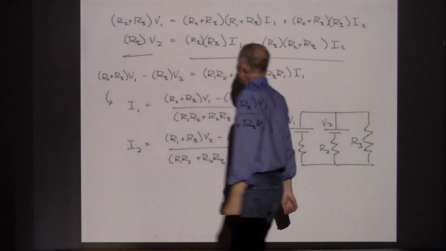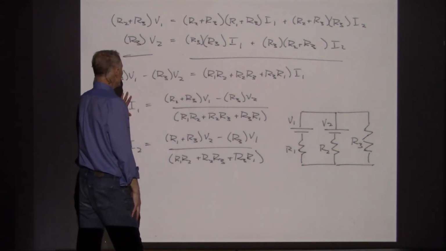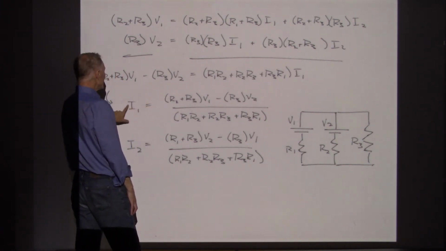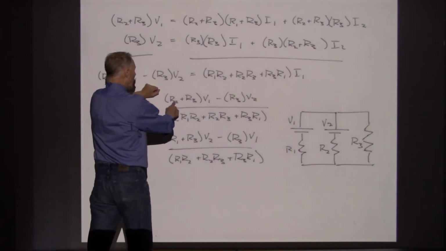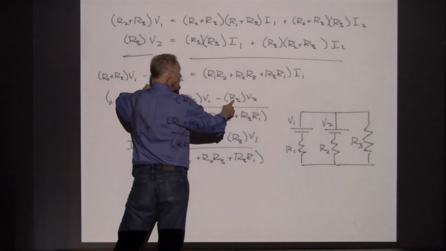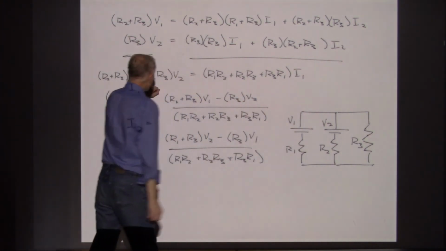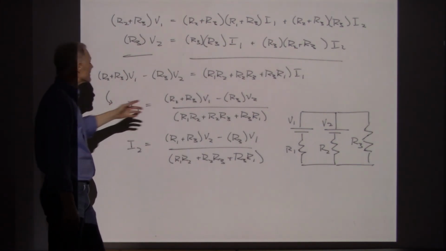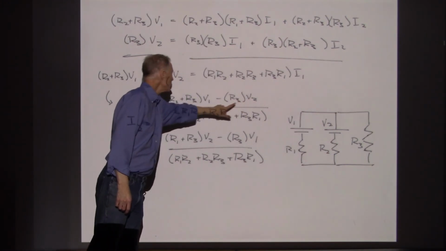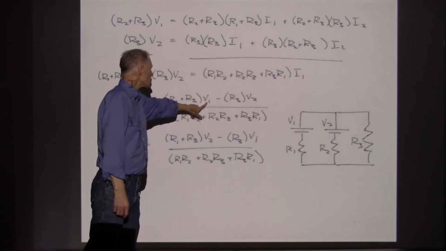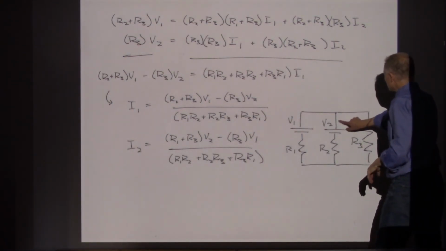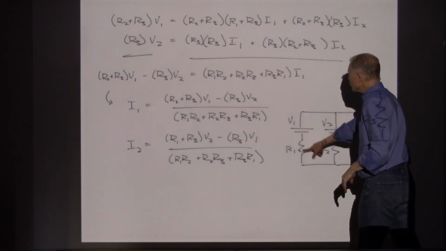What my formulas tell me is my numerator will be positive if R2 plus R3 times V1 is bigger than R3 times V2. But if that's not the case, if V2 is significantly larger than V1, then V2 could actually drive current backwards through V1.